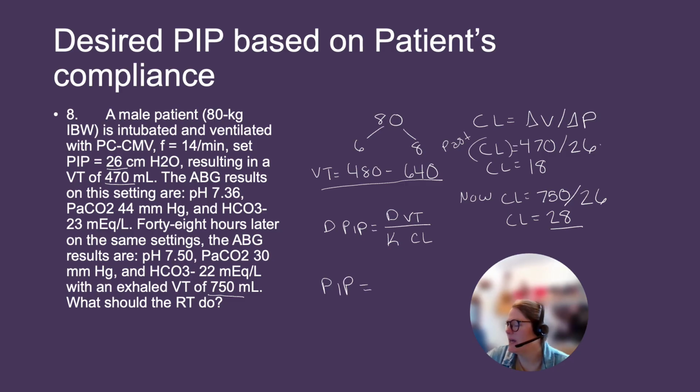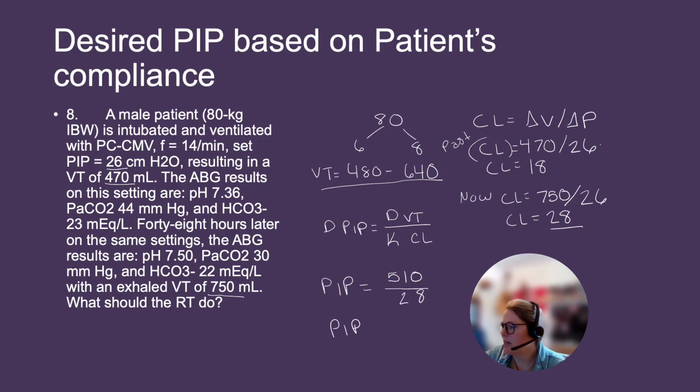So we're just going to pick a tidal volume between the range. We got 480 to 640. I'm going to feel comfortable with a 510, right? We have a low CO2 here, so we're going to want to hold on to some of that CO2. And we know that the current compliance is at 28.